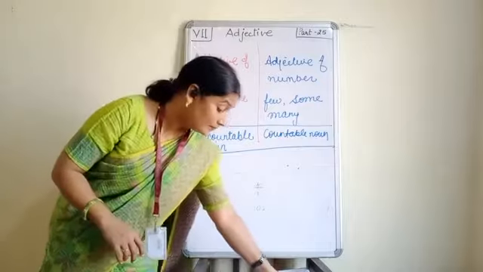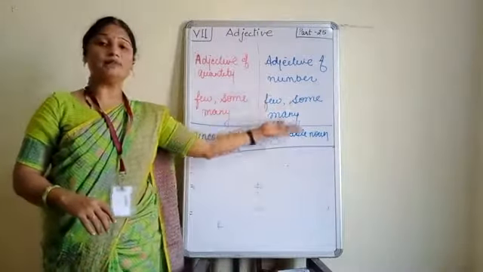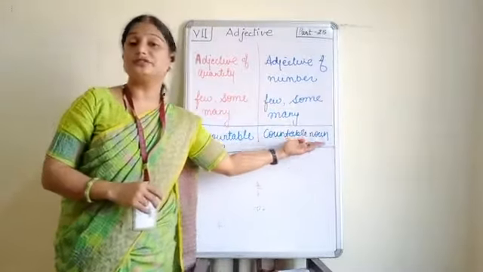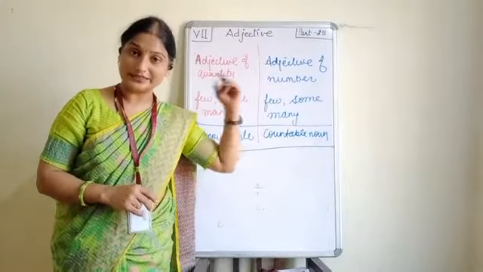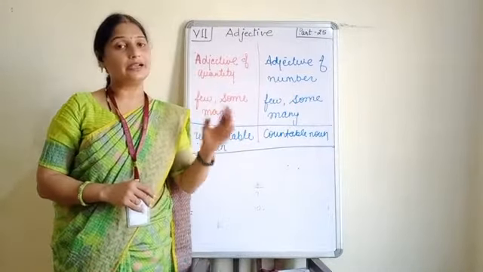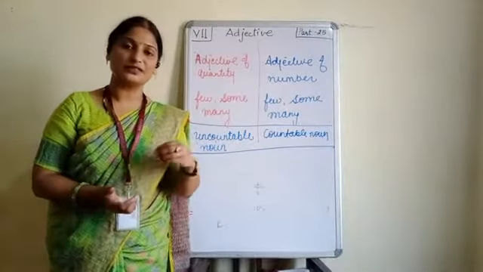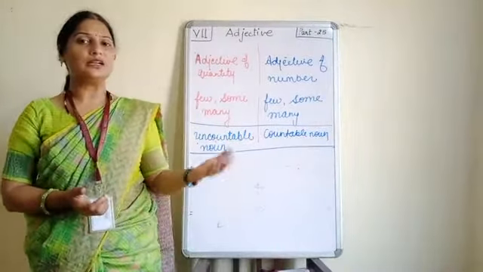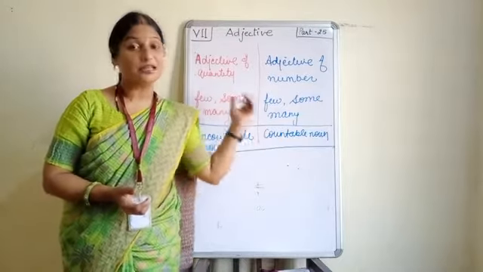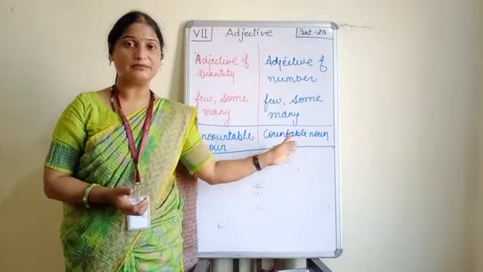Clear? So, this is all about the two kinds of adjective that we have read today. Adjective of quantity and adjective of number. Okay? Now, in the next class, we will see some more kinds of adjective. Till then, children, you revise these things. Okay? Thank you.